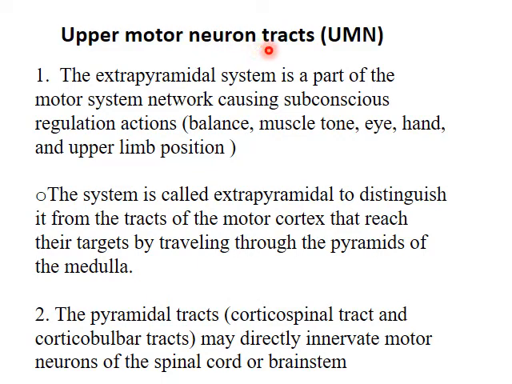Upper motor neuron tracts contain two main parts. The first part is the extrapyramidal system, and it was given that name, the extra, to distinguish this system from other tracts that travel through the pyramids of a part in the central nervous system called the medulla oblongata.